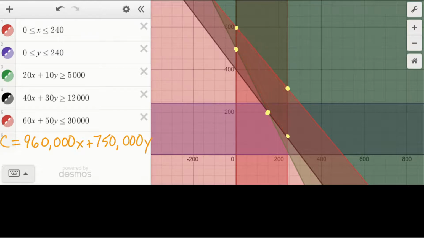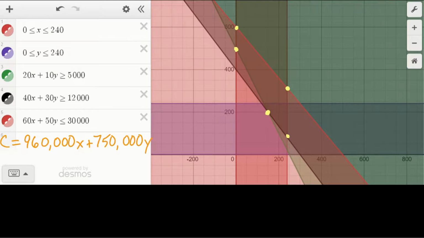So if we're trying to minimize costs, we are going to need to plug in the points from that graph there. So you want to make sure that you find those points. So you can just click on them using the Desmos and figure out what they are. So I'd pause the video now and do that, please.